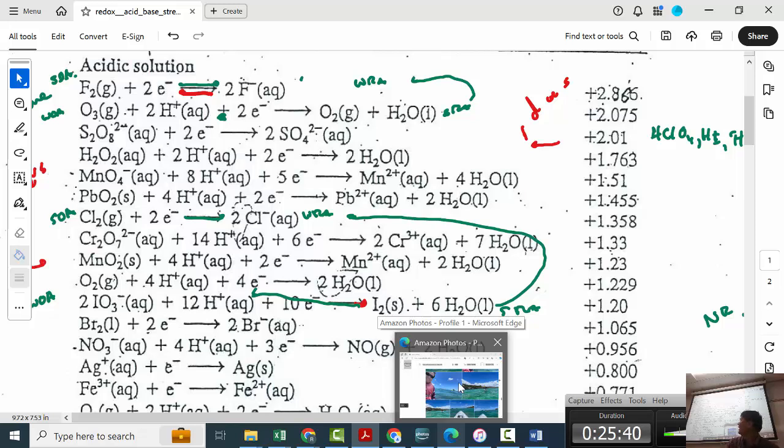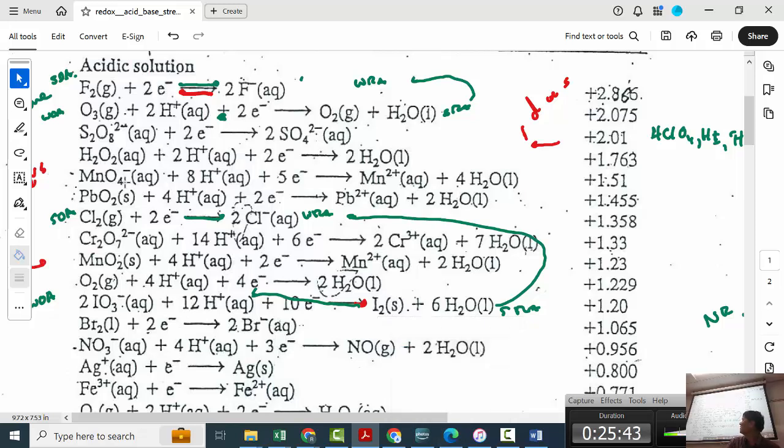It turns out that extra electron goes on to oxygen. So when we look at permanganate, MnO4 minus, the oxygen's happy as is.